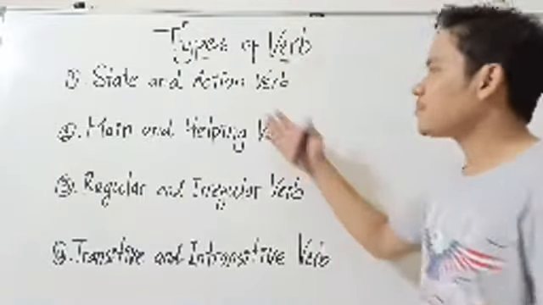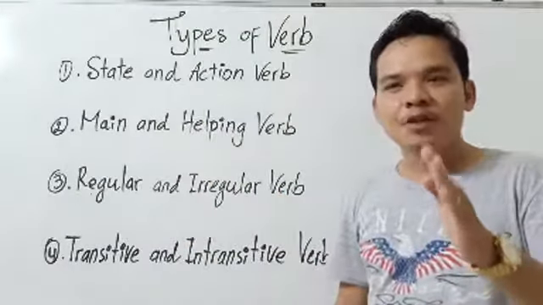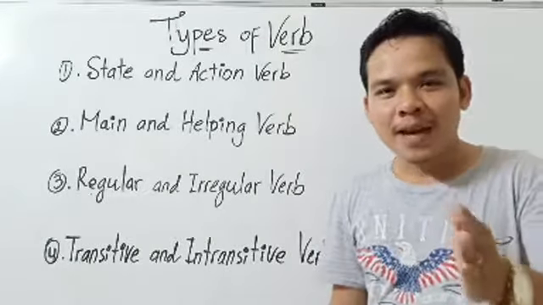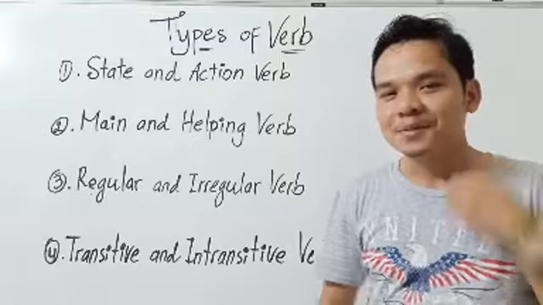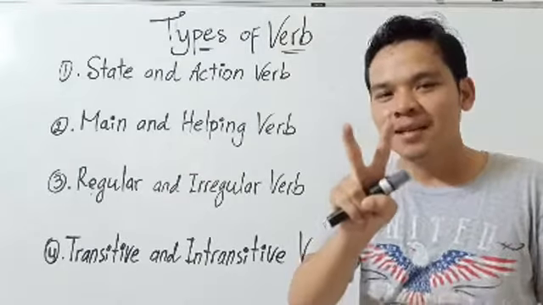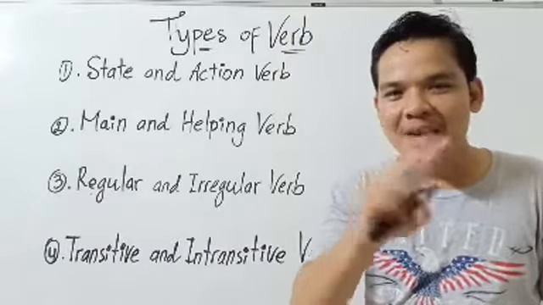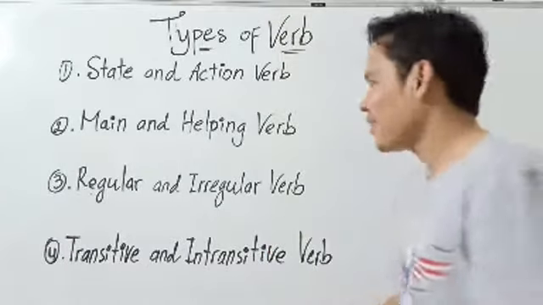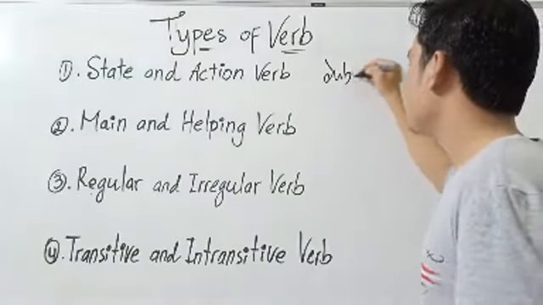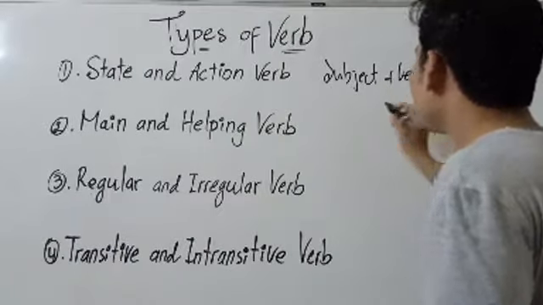Again, if we want to make a sentence in English, for speaking or writing, we must have two parts: the first is subject and the second is verb.